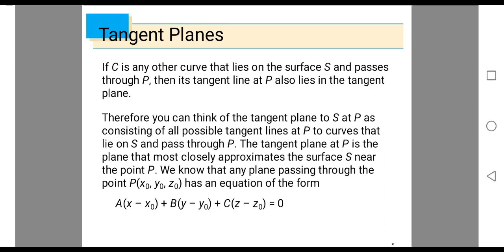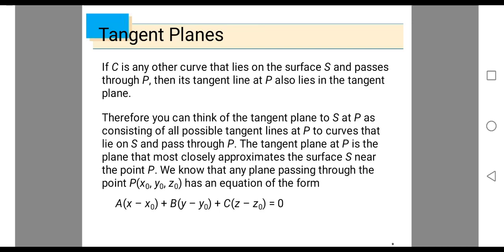It clearly means that we can have C3, C4, C5, C6, any number of curves on the surface S passing through the point P, and their tangent lines would also lie in the same tangent plane. So we can have infinitely many tangent lines in that particular tangent plane.